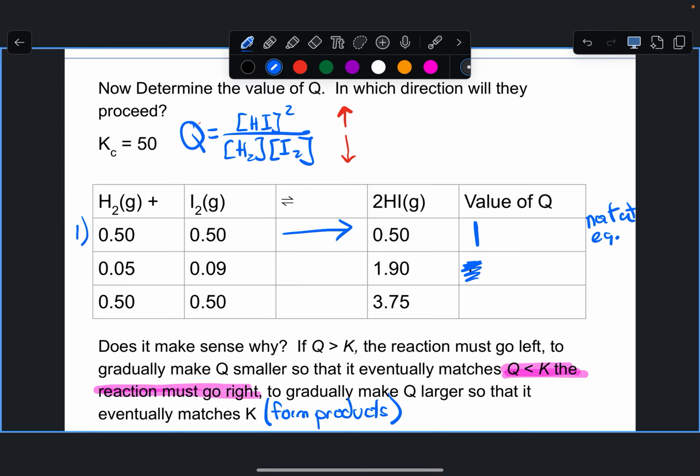So if Q is less than K, the reaction goes towards the right. Okay, do the next 2, because the opposite is going to be true as well. If Q is greater than K, then the reaction will go to the left. So solve the next 2, find out what the value of K is, and predict which direction the reaction needs to proceed.